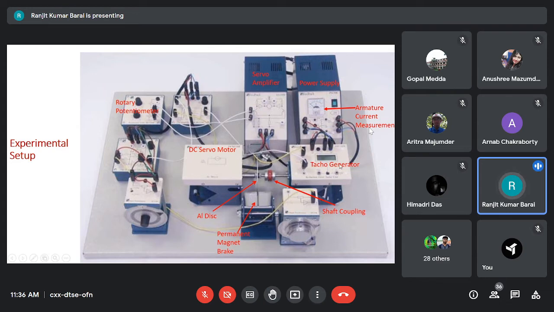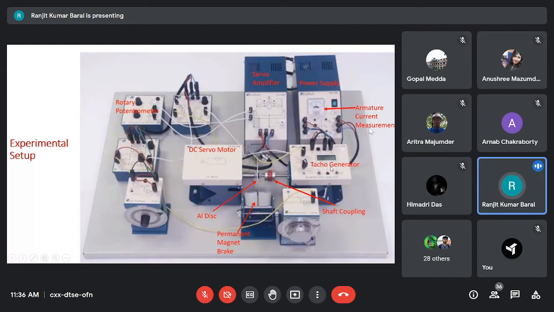Now, one may ask, okay, tacho generator is a transducer, but you are using this transducer in this system for possibly some feedback. Yes, we will use it in the next year. We will use this tacho generator to perform a closed loop operation in the servo control, that will be called speed control servo.